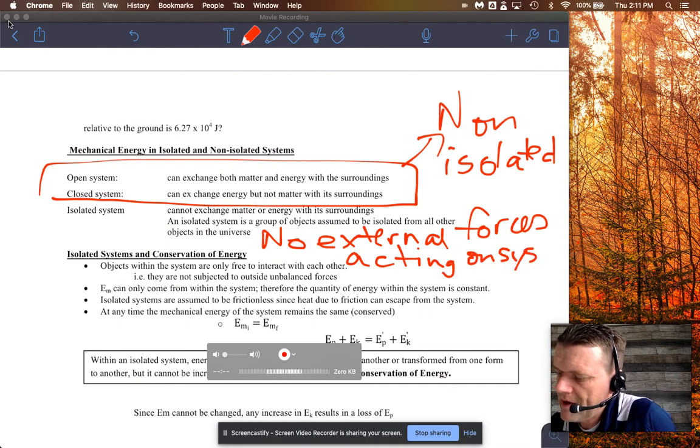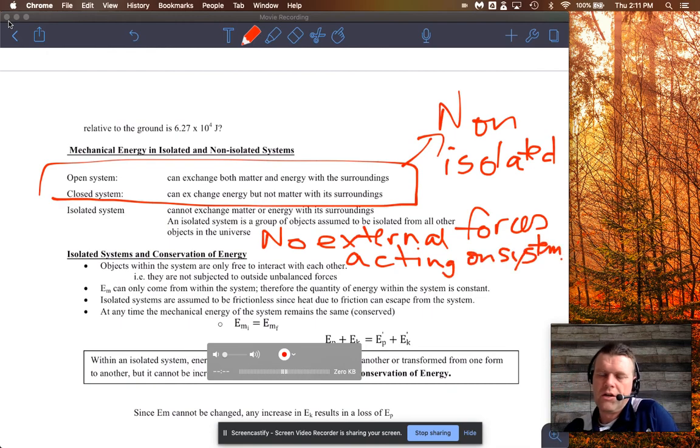I know when I was defining it before, I was mentioning friction. Typically, an isolated system has no friction, like it'll say frictionless, or the air resistance is negligible. Okay, that fun term you can say 10 times, negligible. That means it's isolated.